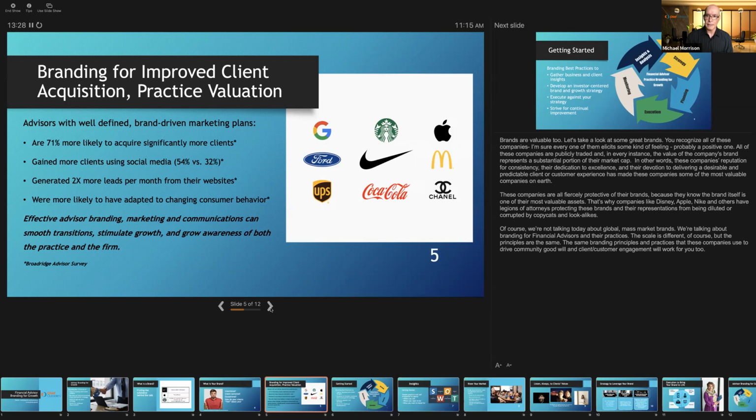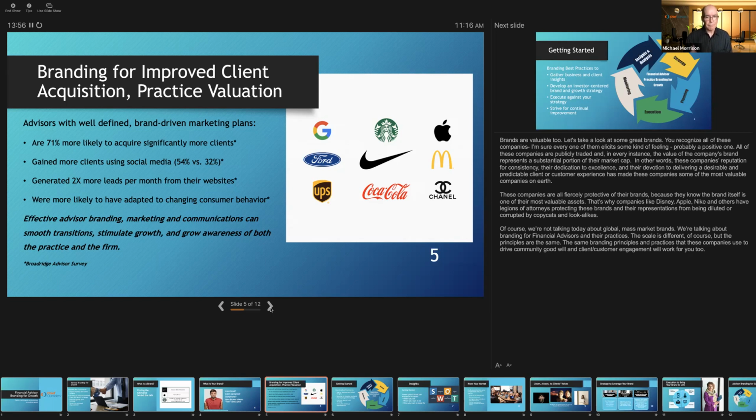And in every instance, a substantial portion of their market capitalization is attributable to the value of the brand. In other words, these companies' reputation for consistency, their dedication to excellence, and their devotion to delivering a desirable and predictable client or customer experience has made these companies some of the most valuable companies on earth.